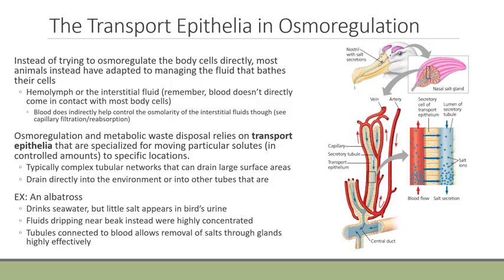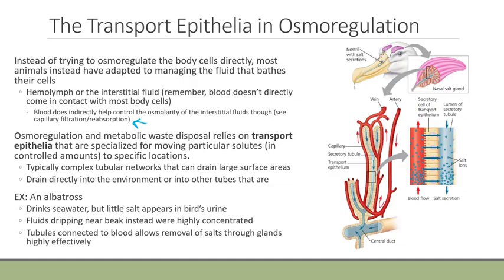Remember, blood doesn't actually directly touch the cells, so it's the interstitial fluid that you're trying to balance, though, as we will talk very extensively, blood is indirectly important for osmoregulation, and sometimes a little bit more directly important. You'll see this when we talk about how blood and urine go hand in hand in the next video.